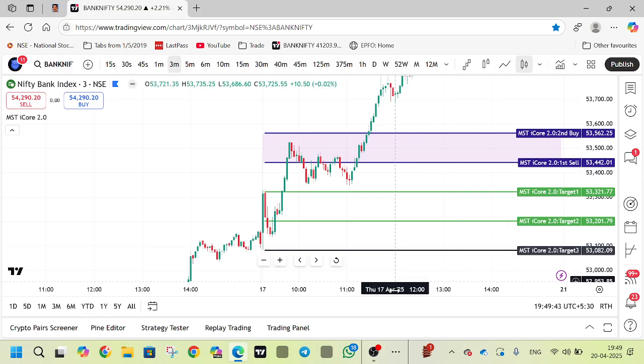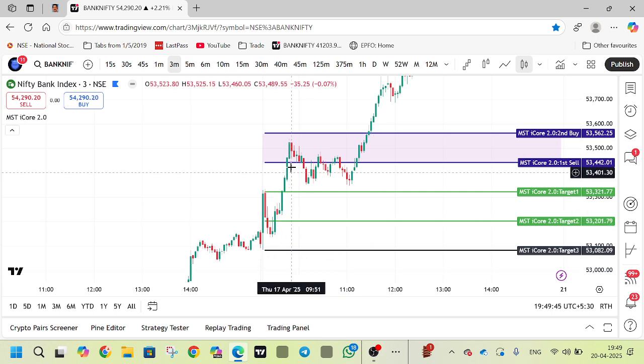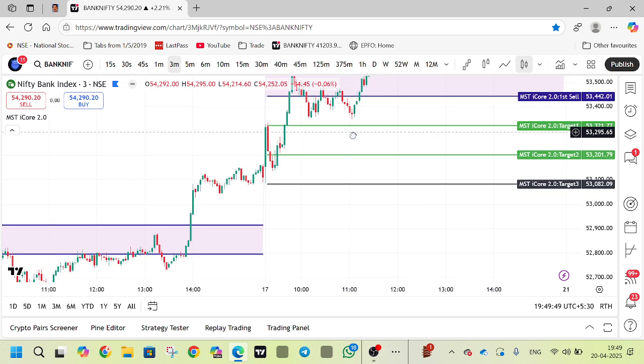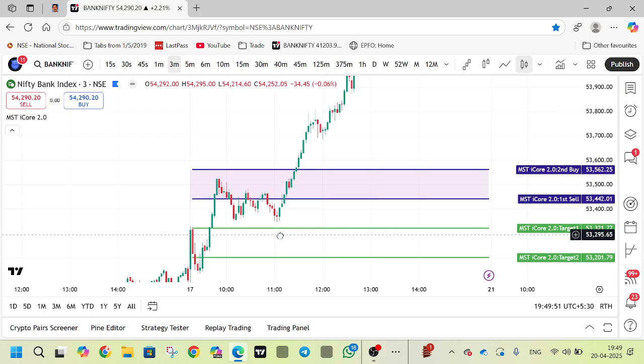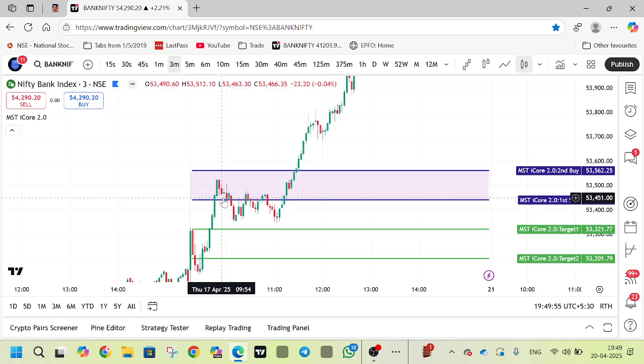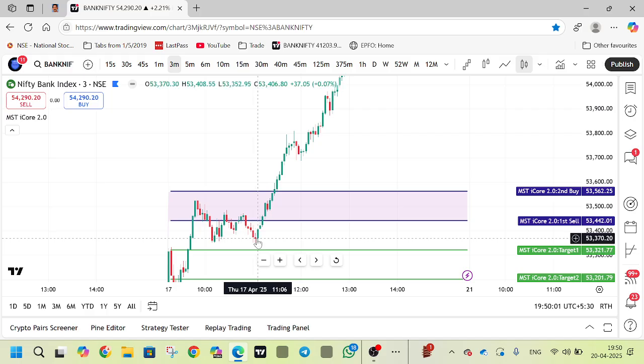And yesterday what happened? Yesterday if we see the market, it has given a gap up. We got a very good range yesterday. It touched our sell zone and came down almost to our target, but the target was not given. So we can consider SL has hit.